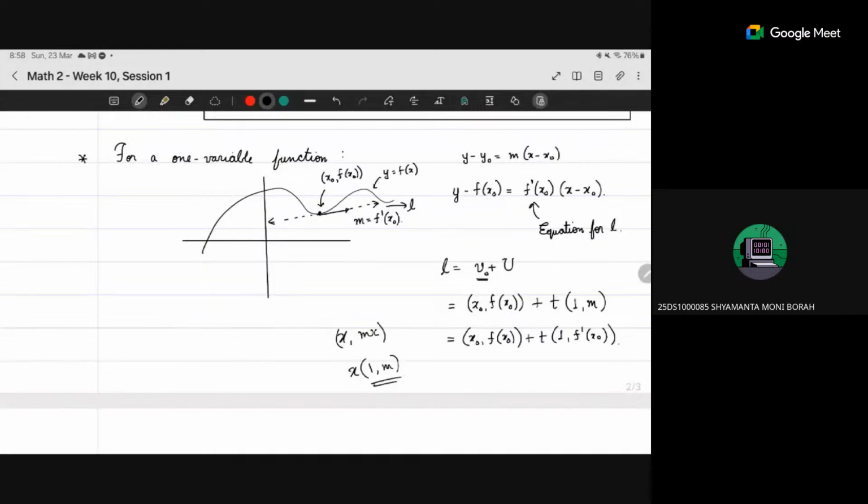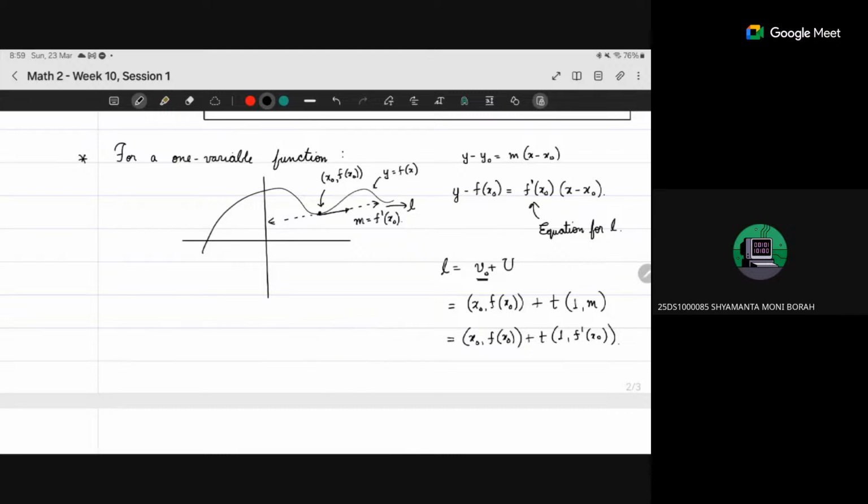The vector that you can choose as the representative for that vector subspace could just be 1 comma m. So x comma mx can be written as the span of 1 comma m, and m is f prime of x naught by definition.